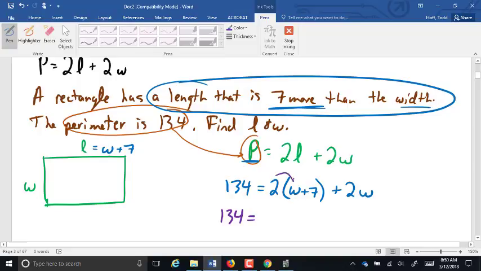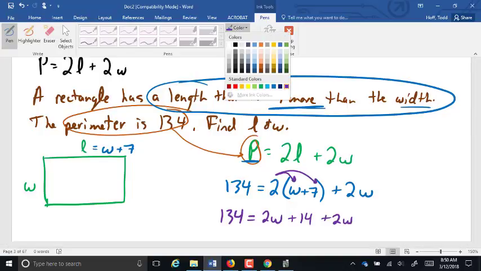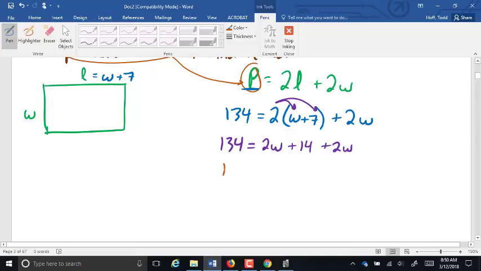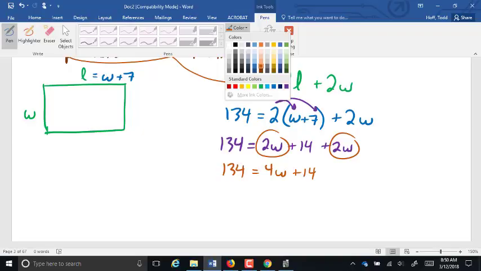So on the right side, we have 2 times W is 2W. 2 times 7 is 14 plus 2W. We can still combine over there. The 134 won't change. We can combine 2W and 2W to get 4W. Now we've combined everything we can.